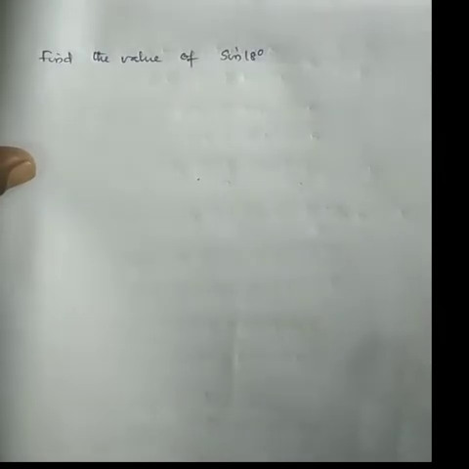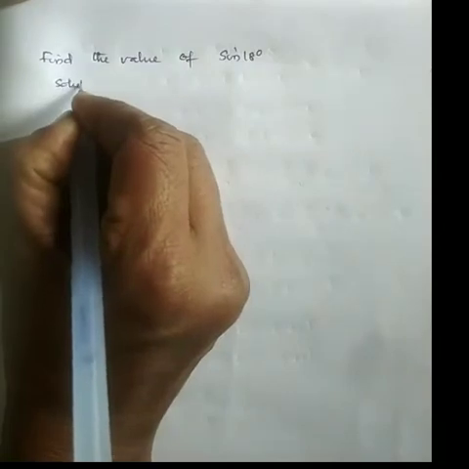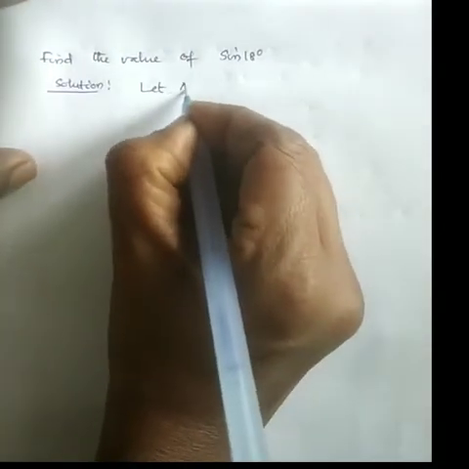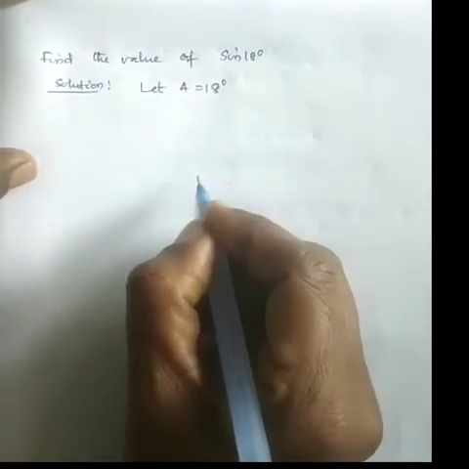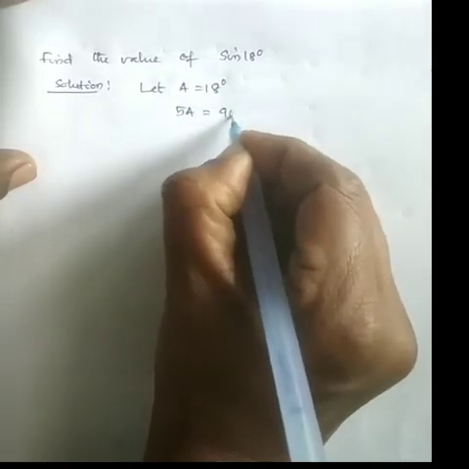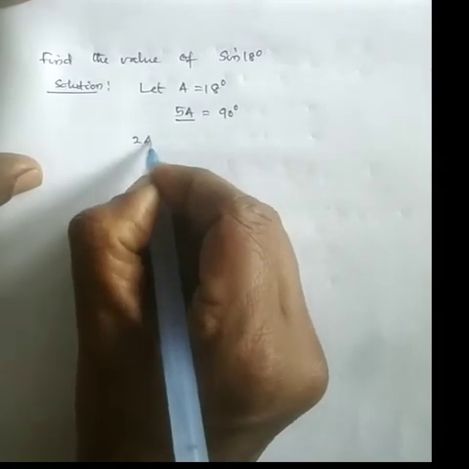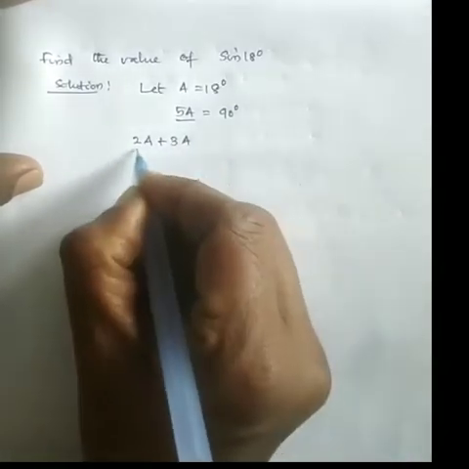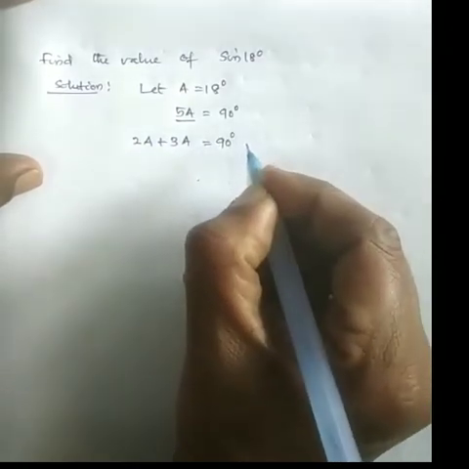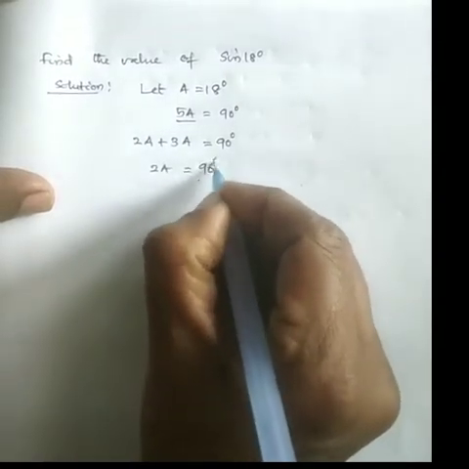Next one, find the value of sin 18. Solution. Let A equal 18. We know that 5A equals 5 into 18, that is 90 degrees. Then split 5A into 2A plus 3A, so 2A plus 3A equals 90 degrees. So 2A equals 90 degrees minus 3A.